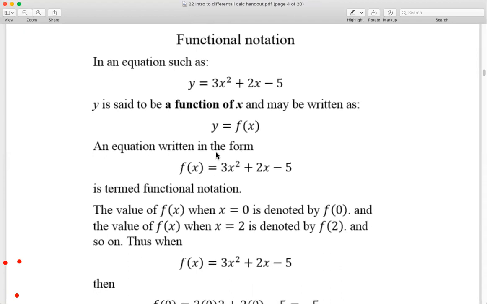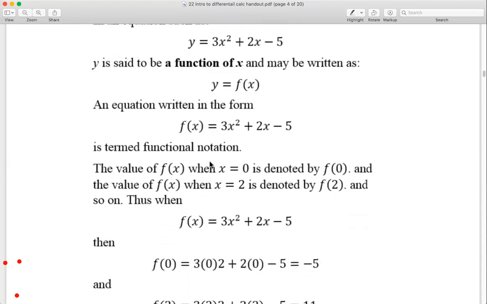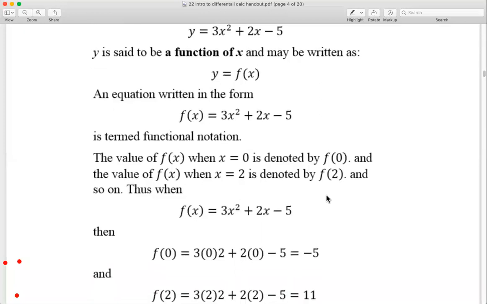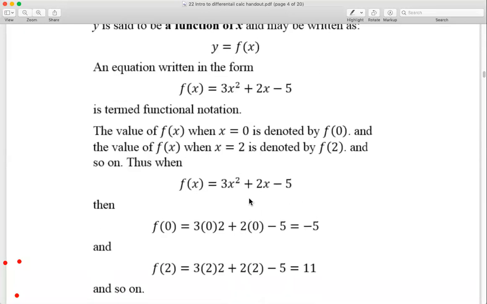And then we can denote the value of the function of x when x is equal to 0. If we say x is equal to 0, we denote that as f of 0. If we had the value of f of x when x is equal to 2, we'd put f of 2, and so on. If we're evaluating that function at 0, all you do is, everywhere there's an x, we put 0.